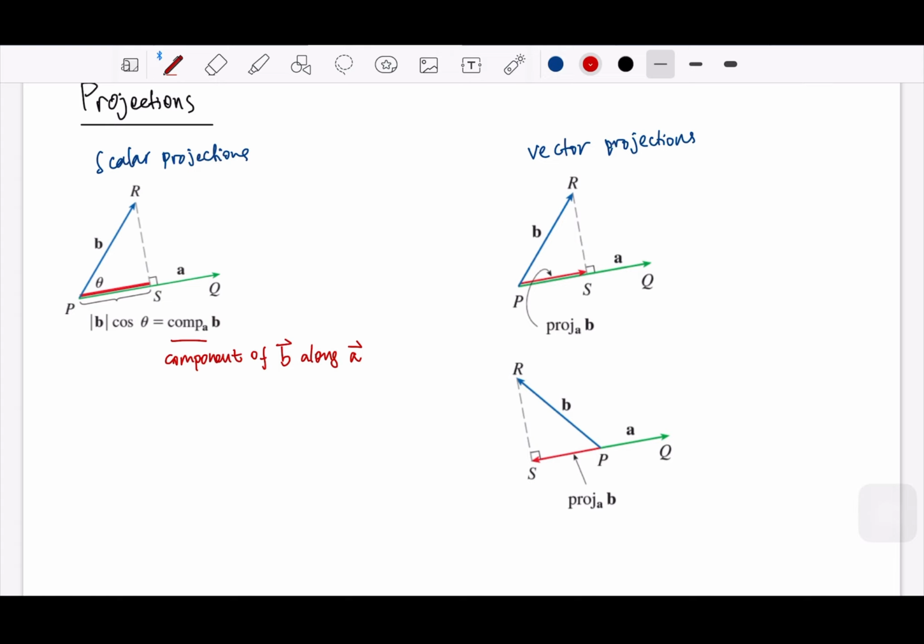And turning it into a scalar means that we are only looking at the length or the value of B. So the magnitude of B cosine theta is our scalar projection.